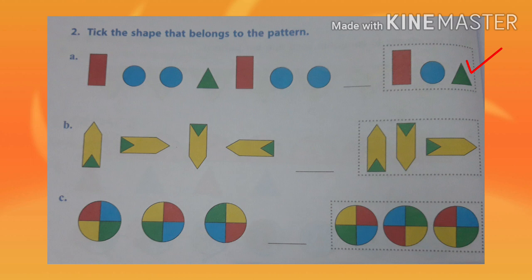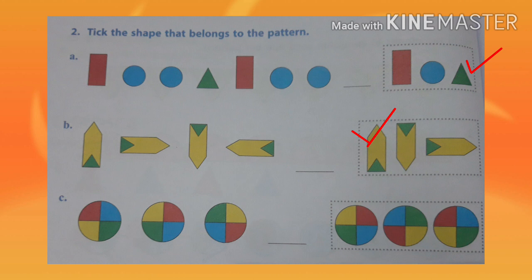Yes, it is turning in clockwise direction. So, the next arrow will be in upward. So, which is the arrow in upward position given in the box? Yes, so take it. Take the arrow which is given in upward position.